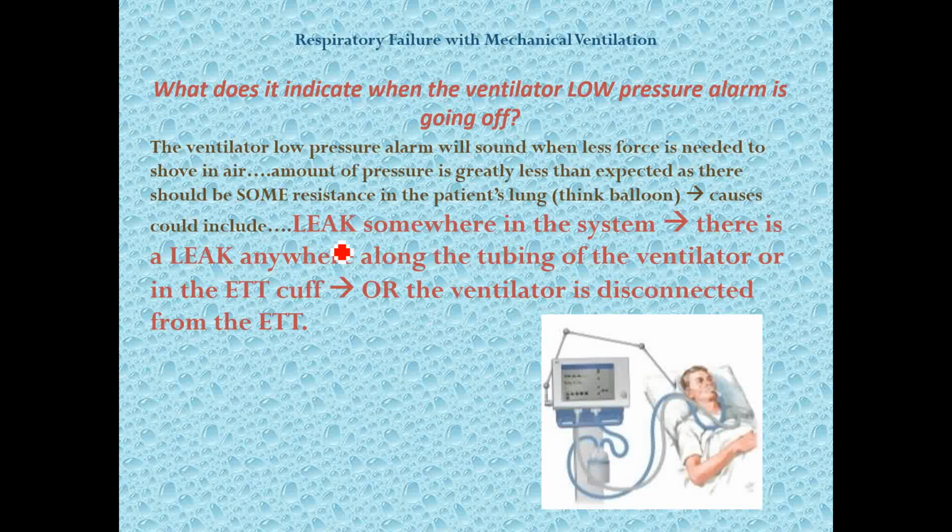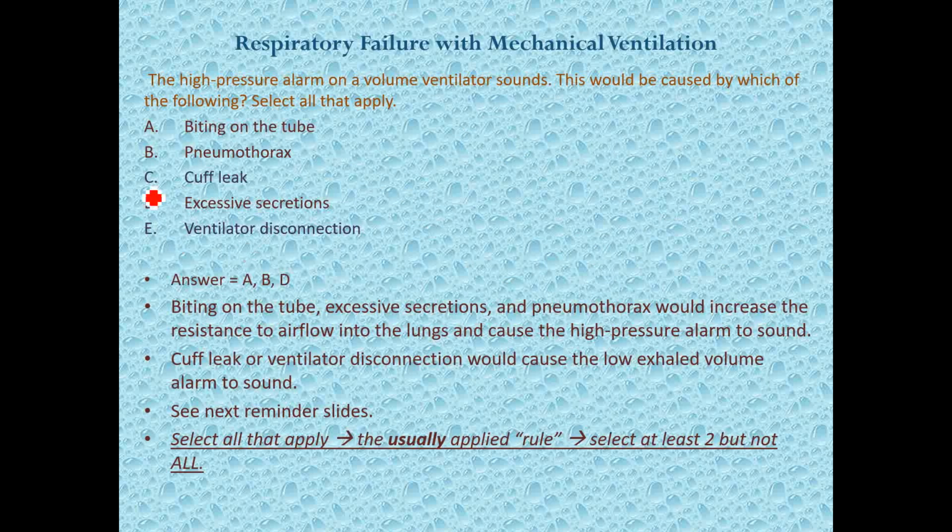Now that's the opposite of what would occur if there was low pressure. So we go back to the options that we did not select, and one of those was a cuff leak. Whenever there's a leak anywhere in the system, whether it's with the endotracheal tube cuff or in the ventilator tubing, such as the ventilator being disconnected, any of these things will cause the low pressure alarm to sound, because the ventilator, as it's pushing in air, expects to meet some resistance.